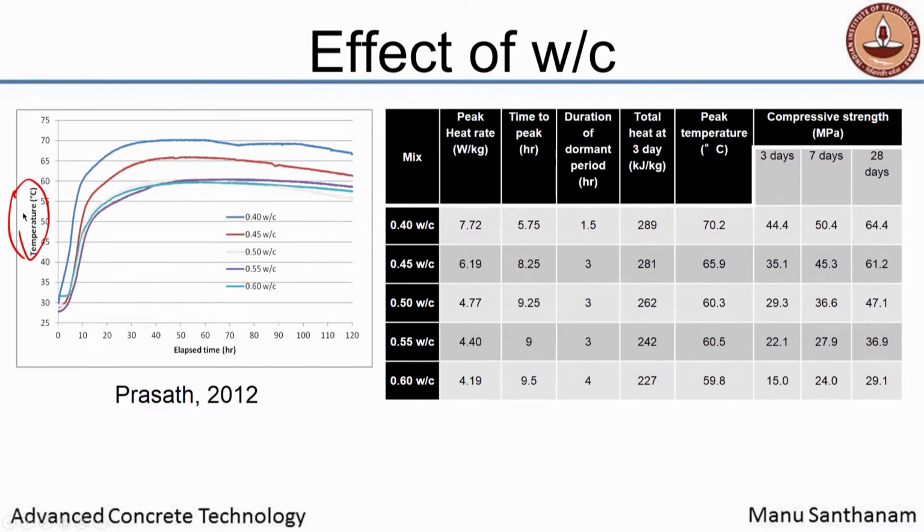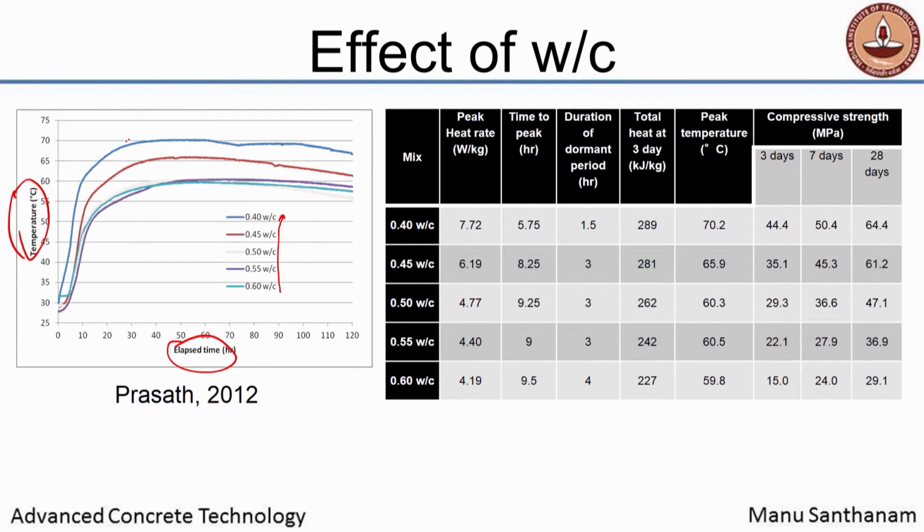Okay. So, let us look at some effects, whether we can actually capture them with the help of calorimetry or not. What I am showing you are some results of adiabatic calorimetry. So, the temperature of the concrete inside the sample chamber is plotted against the elapsed time, and what you see here is as you have a lowering of the water cement ratio from 0.6 to 0.4, okay, you are changing the total temperature that is inside the system, the peak temperature that is inside the system.